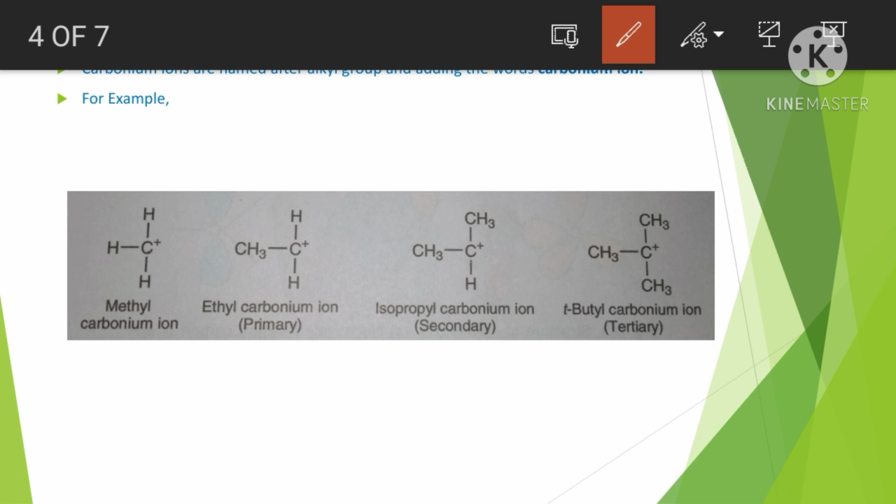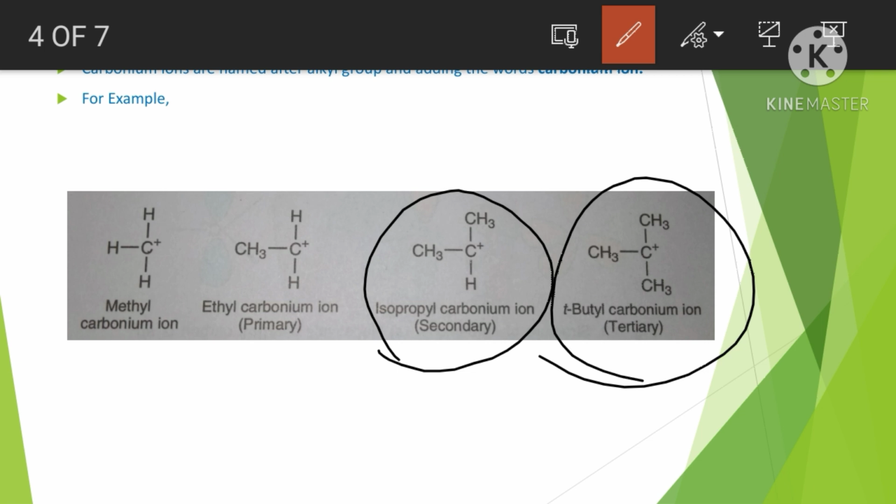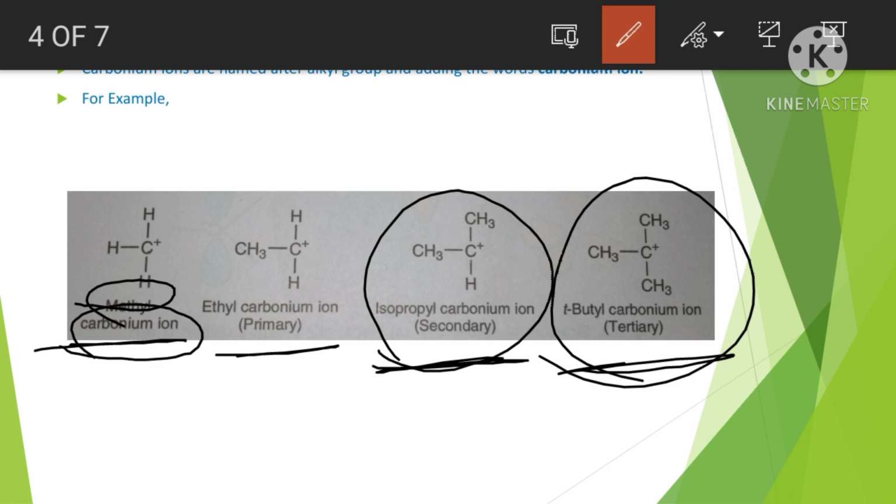In the same manner, this is isopropyl carbonium ion, and this is t-butyl carbonium ion. First the parent alkyl group is named, after that the word carbonium ion is added to the name. Here methyl is the parent name, and finally we add carbonium ion to the parent name. This is how the carbonium ion will be named.